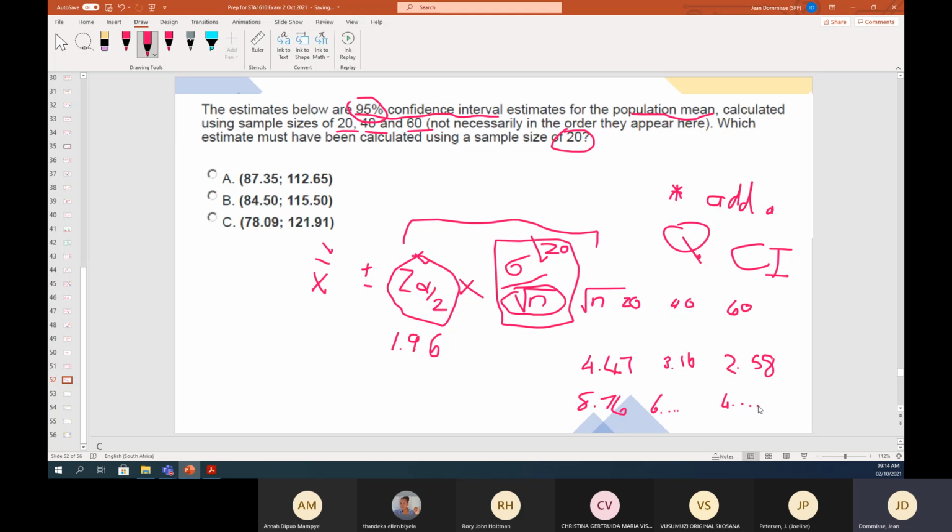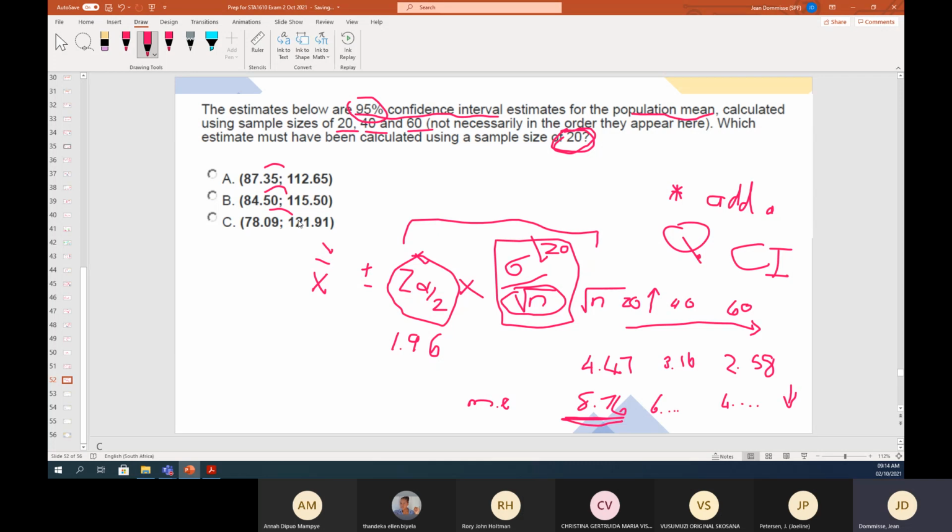Okay, so you will see, as the n increases, your margin of error decreases. So when n is 20, the smallest one, your margin of error is the biggest, so the gap between the two bounds will be the biggest.